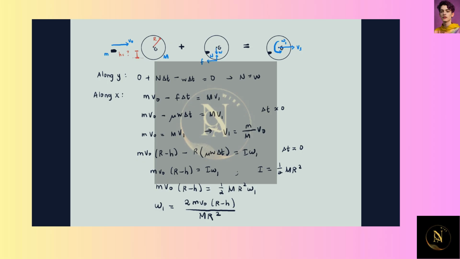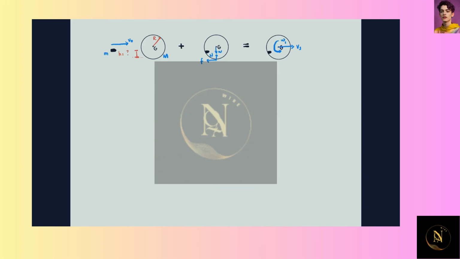Now, let us solve for h for part A. The condition for part A is that the disk rolls without sliding after the impact. So we'll have omega sub 1, whose direction is clockwise, and the positive direction is clockwise.